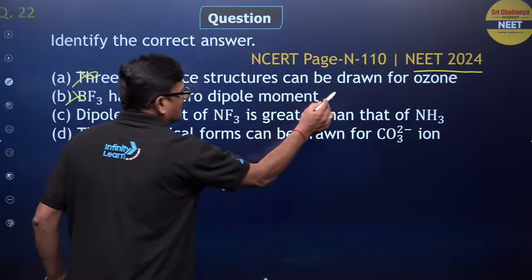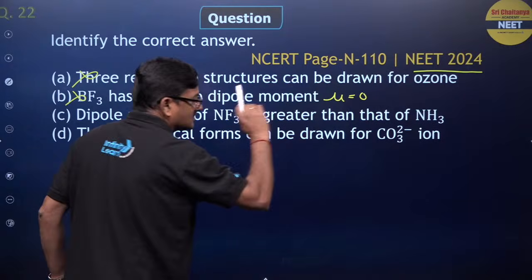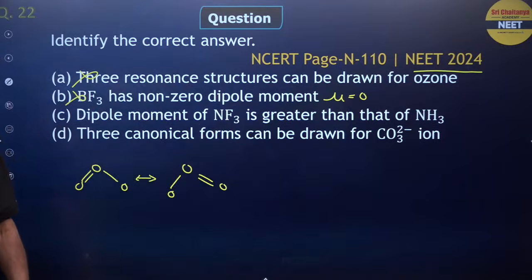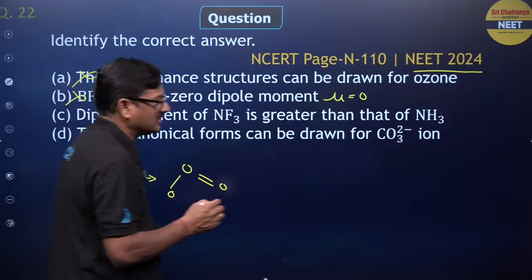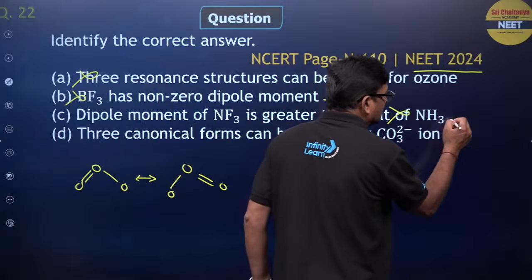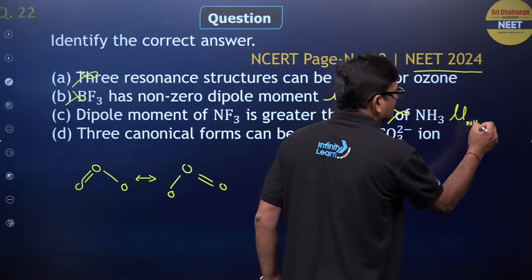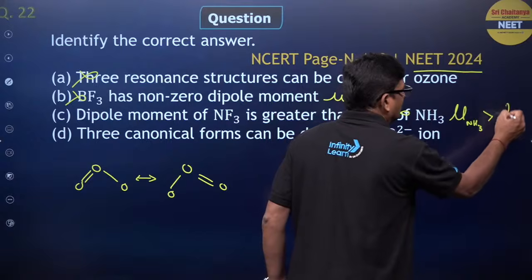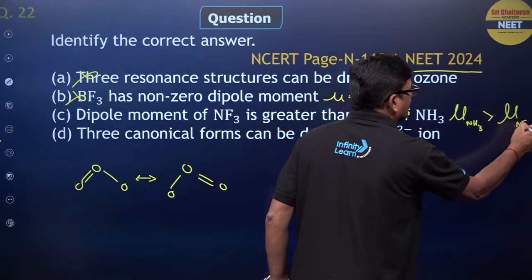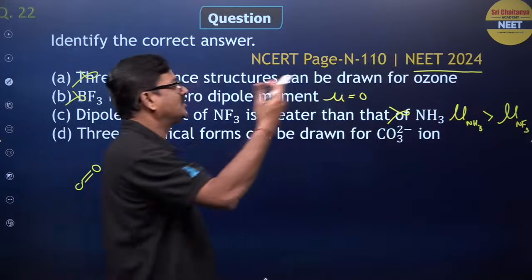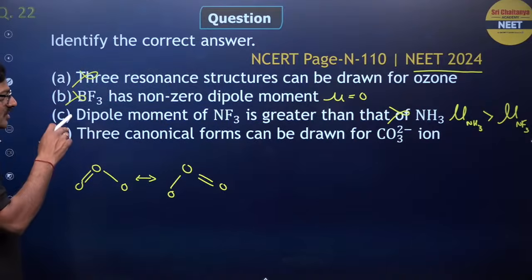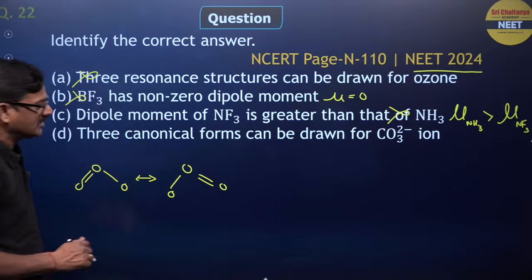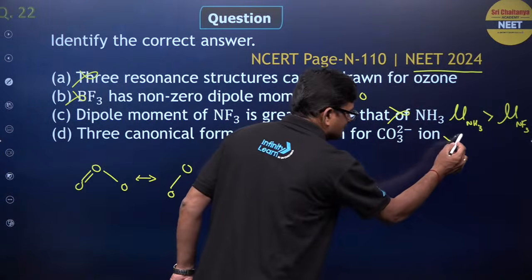Dipole moment is going to be 0 because of the regular planar trigonal structure. Dipole moment of NH3 is greater than that of NF3, because the lone pair moment predominates there. And 3 canonical forms can be drawn for CO3. Yes, it can be. Yes, it is true.